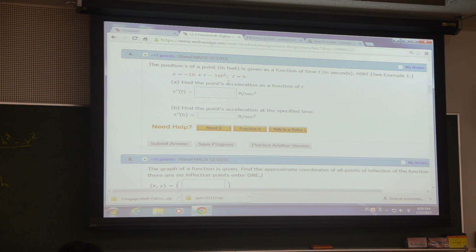Okay? So, when you have distance as a function of t, if you take the derivative of that, that tells you what? That tells you the speed.